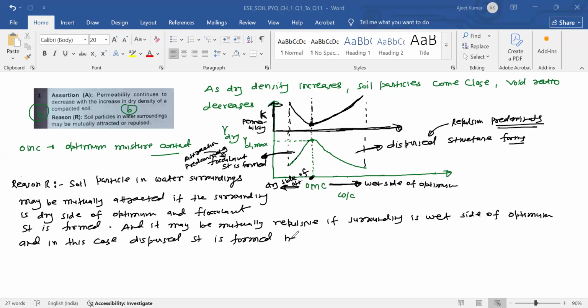Hence, the reason is correct, but it is not the correct explanation of the assertion.